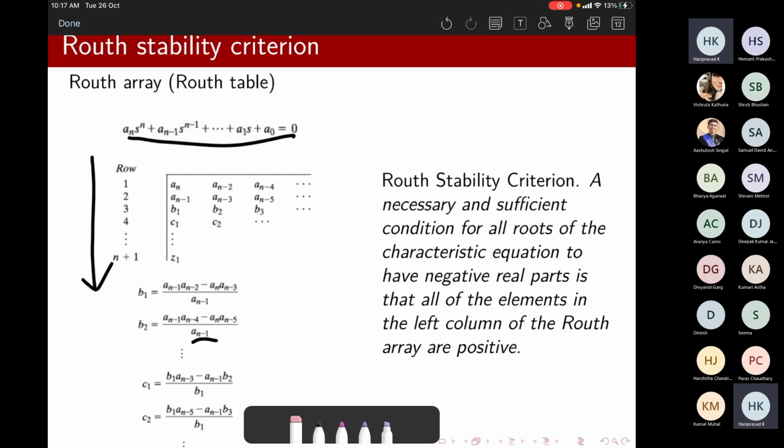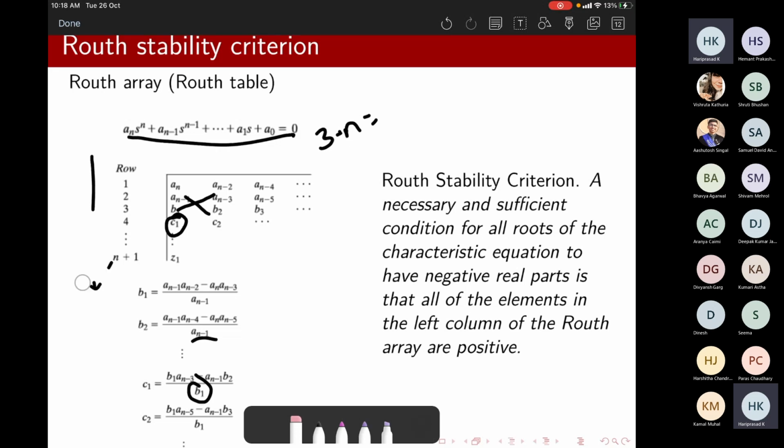So if the order of the polynomial is 3, that is n is equal to 3, you have to construct until there are 4 rows. So how do you calculate C1? B1 into an minus 3, minus an minus 1 into B2, divided by B1, and so on and so forth.